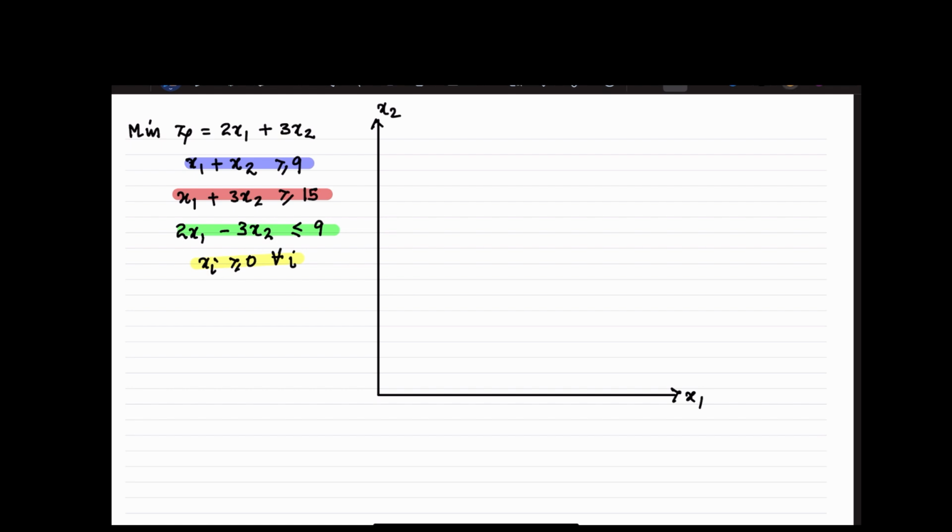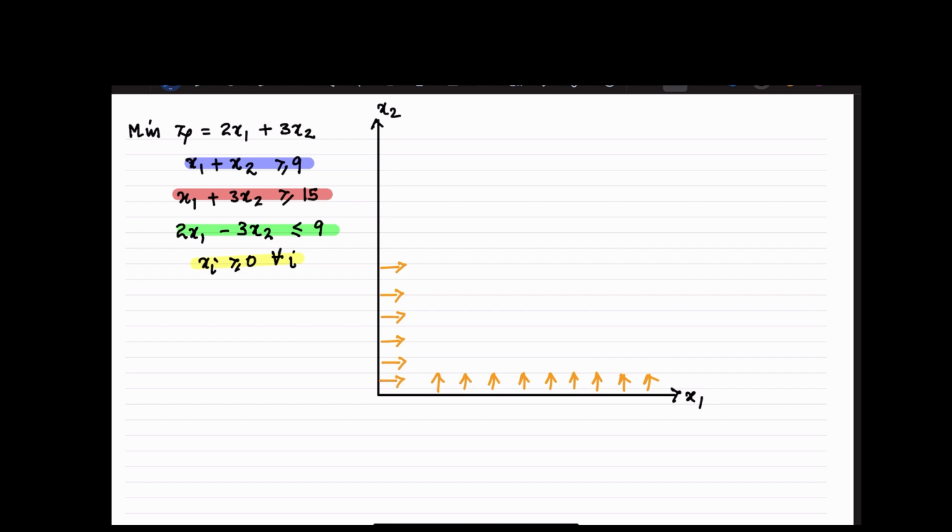So that is why only this region. So the arrow is right of the x2 axis, above the x1 axis. Now we plot the first constraint. So plot it as a line first. So let x2 be equal to 0. So x1 is 9.